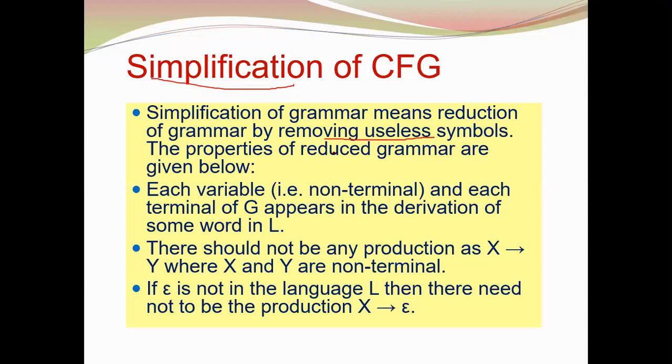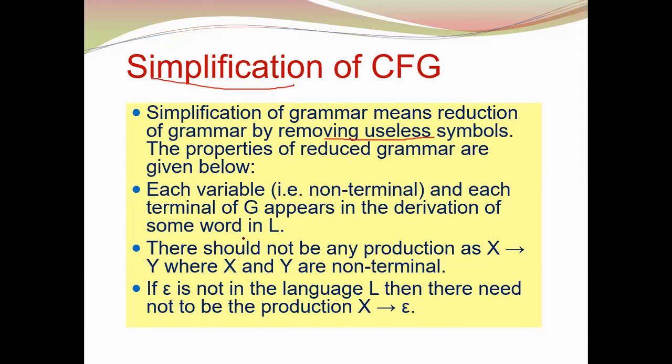We know what terminal and non-terminal are, right? Each variable, that is non-terminal, and each terminal of G appears in the derivation of some word. Somewhere we have to use the particular variable, I mean terminal or non-terminal, in any of the language. Then we can say this variable is a useful symbol.